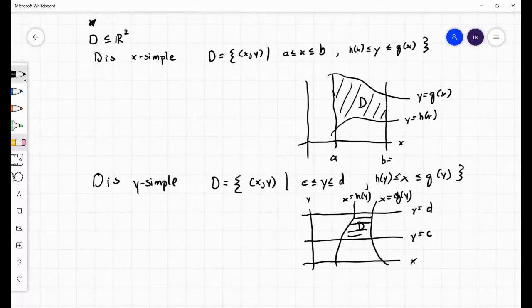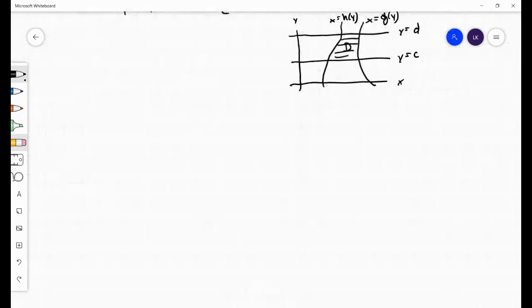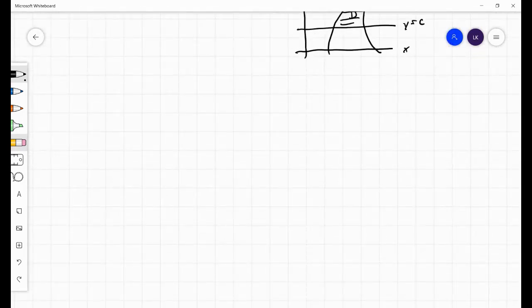All right. So let's see. So let's try this iterated integral. So suppose we have an integral. Say we're integrating 2 times y.